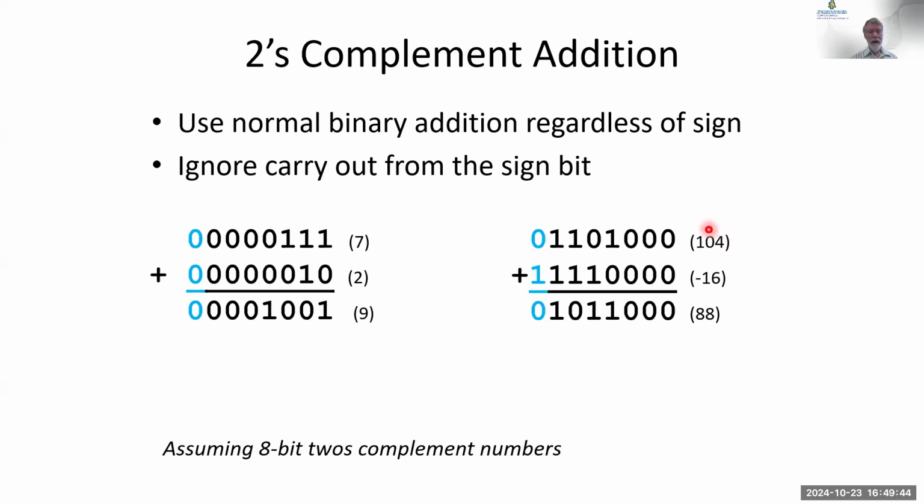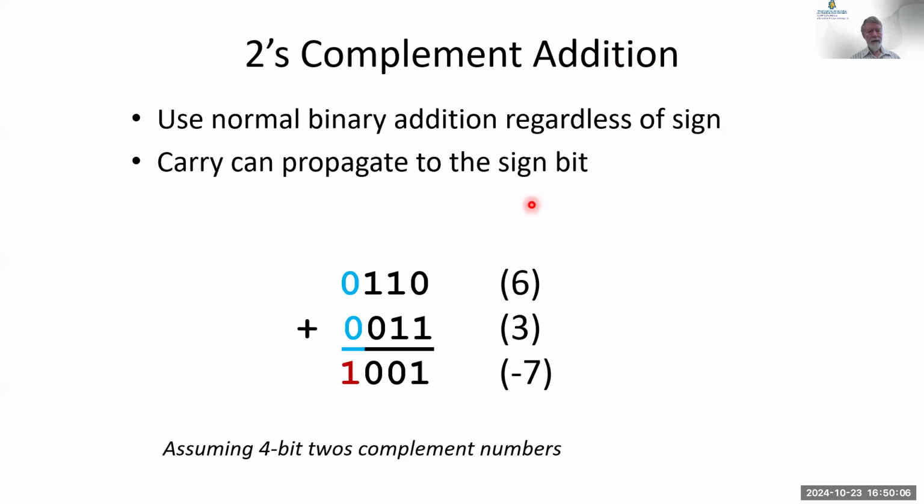So this was 104 minus 16, which is 88, and this, in fact, is 88. You can see it's a positive number. Don't worry about any carry out. The 1 carrying out of the sign place is lost, falls into the bit bucket, and we don't worry about it. Okay, good with that.